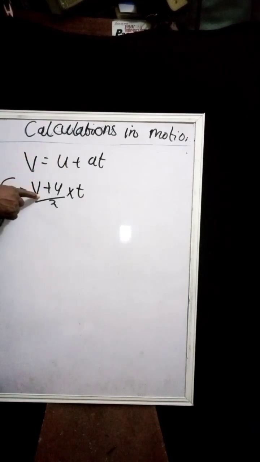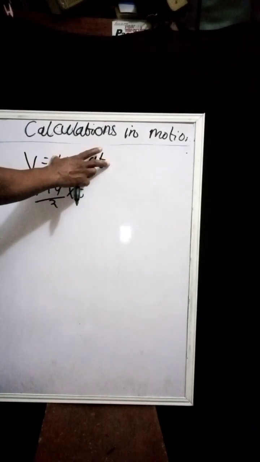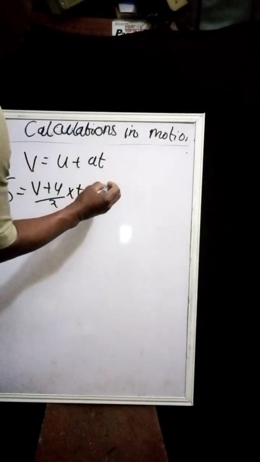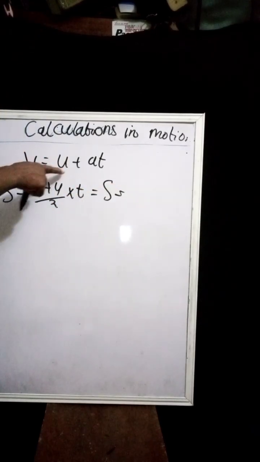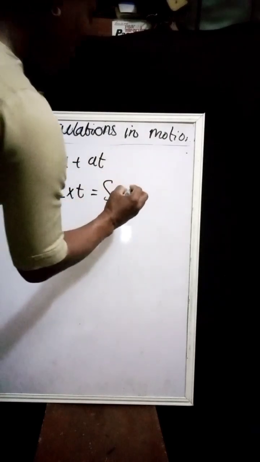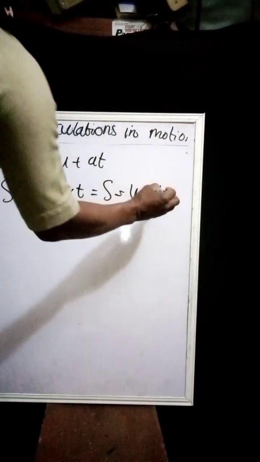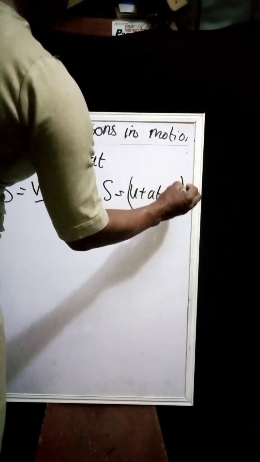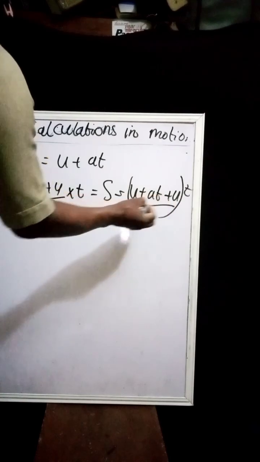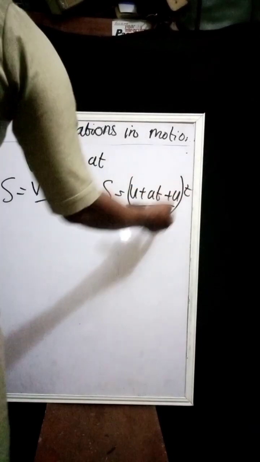When we see v, this v now we will replace it with this, because this is the value of v here. So in that case now we have that s is equal to, instead of writing v, I'll write u plus at, then plus u, multiplied by t over 2.